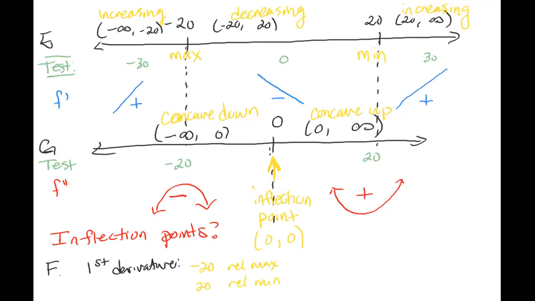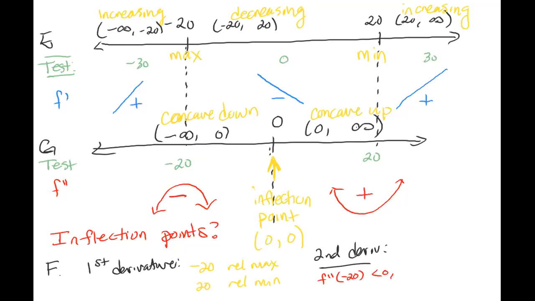By the second derivative test, earlier I tested those critical numbers in the second derivative, and we discovered that the second derivative at the first critical number, -20, is less than 0.